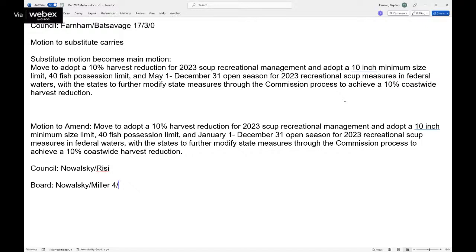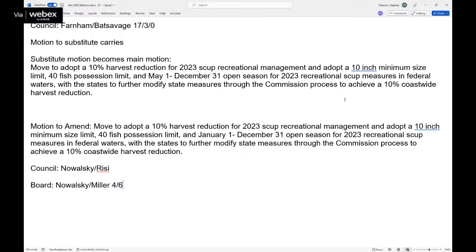I have NOAA, North Carolina, Massachusetts, New York, Rhode Island, Connecticut, and that's all. Okay, folks could go ahead and put their hands down.